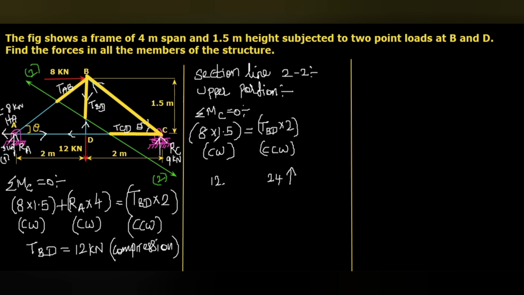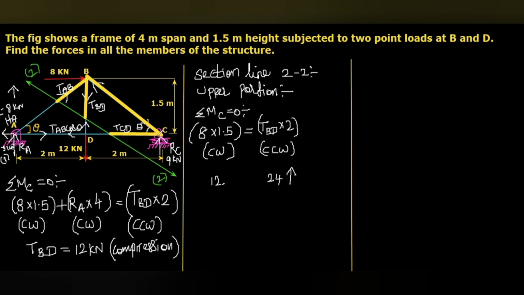So whatever I am going to add, I have to add in the clockwise direction, on the left hand side. So the moment made by the TAB should be in clockwise direction. Here, if it acts upward, then the vertical component is also upward. Guys, the horizontal component TAB cos theta will be like this, and that passes through the point C.